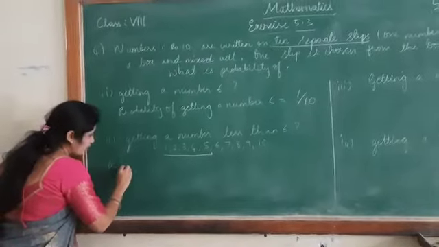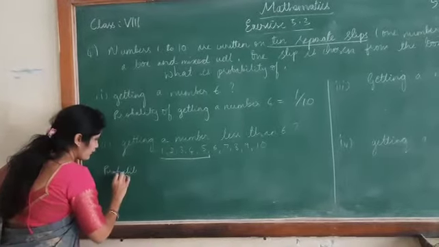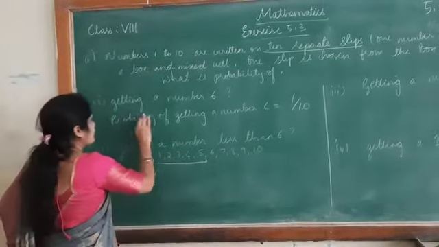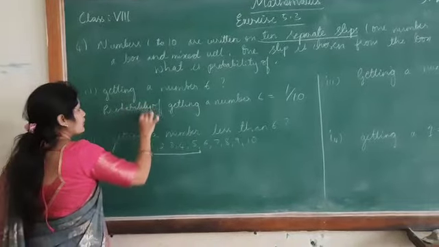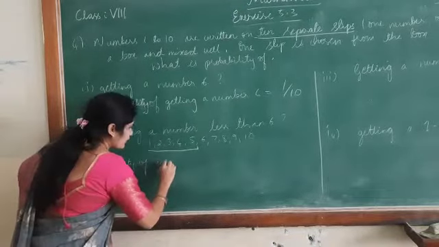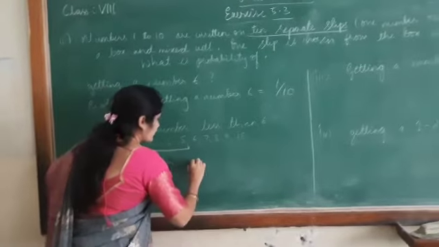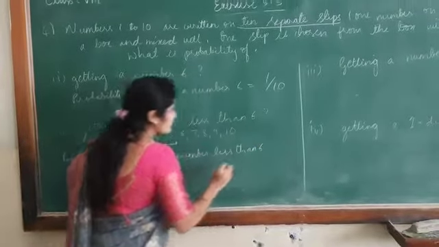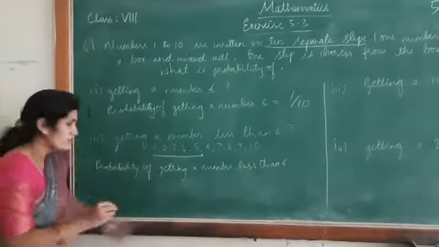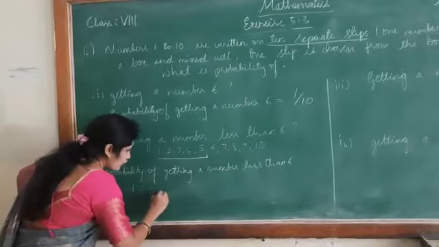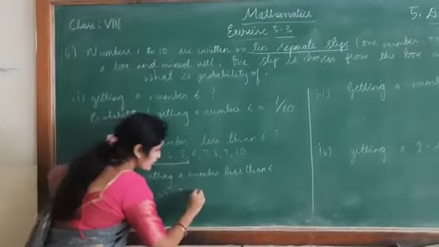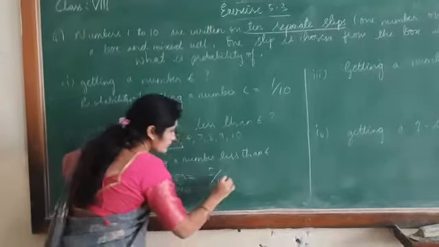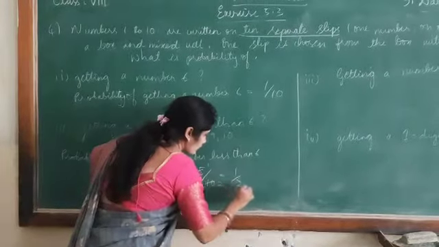So probability of getting a number less than 6: we have 5 numbers, 1, 2, 3, 4, 5, out of 10. 5 by 10, which is 1 by 2.